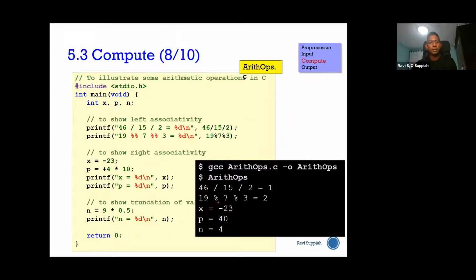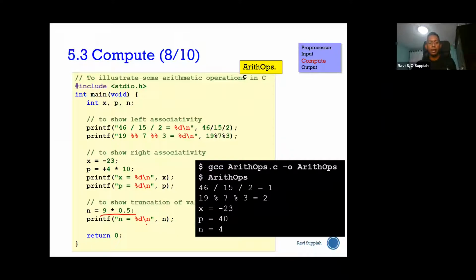Now another thing is the truncation of results depending on data type. Just now I said that integer divided by integer gives you an integer. But here, 9 times 0.5 is half of 9, which is 4.5.